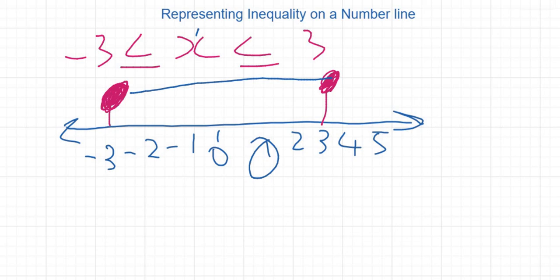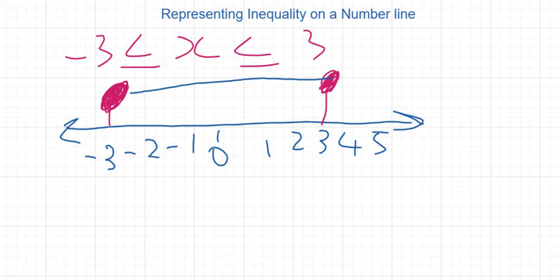It will be greater than -3, but not equal. 1 will be greater than -3, and also it will be less than 3. So any one of these numbers that you pick would make the inequality true. If you pick even 0 and place it right here, 0 is greater than -3 and less than 3.